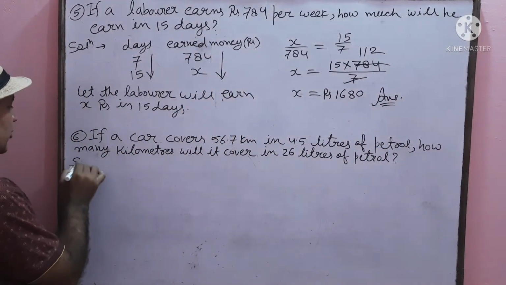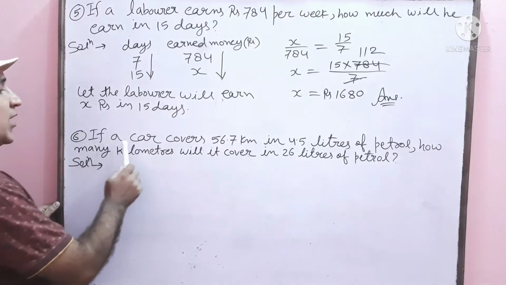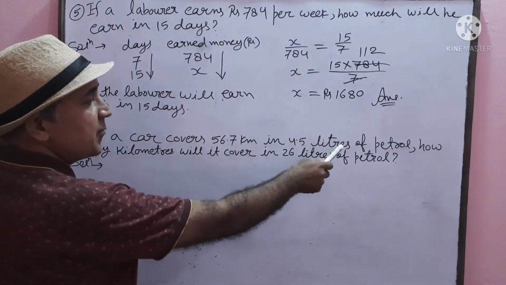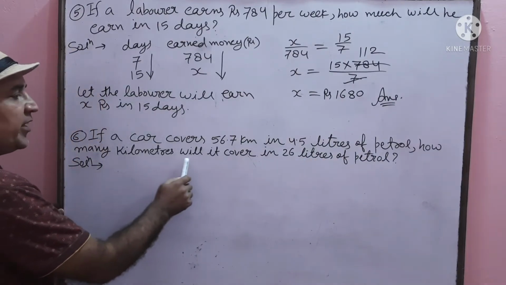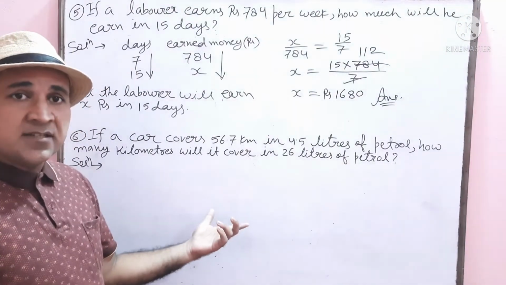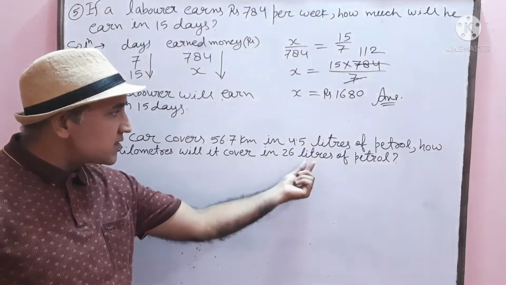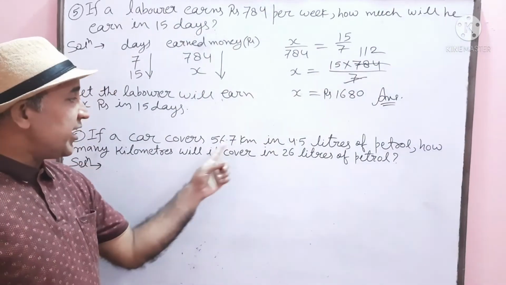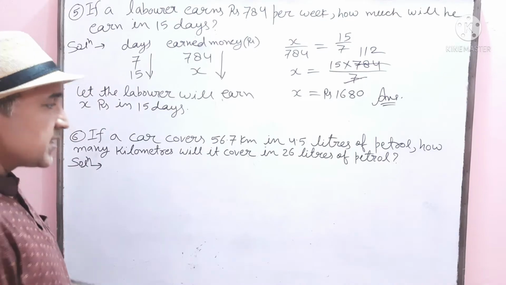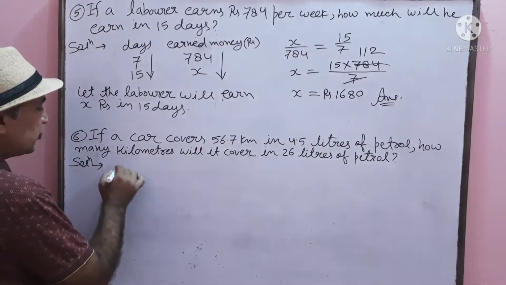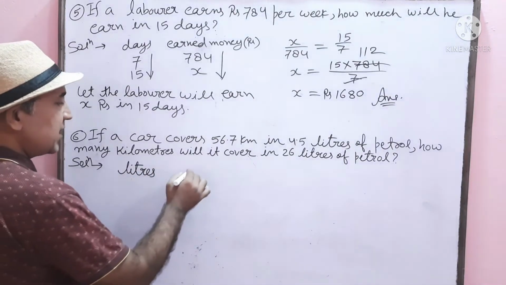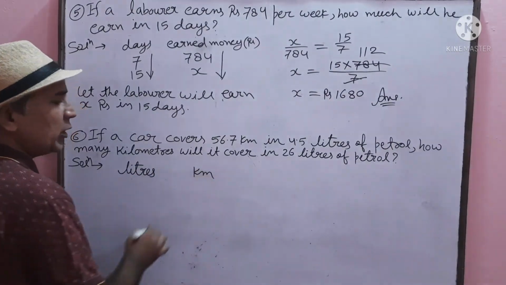Okay. Now see question number 6. If a car covers 56.7 km in 4.5 liters of petrol, how many kilometers will it cover in 26 liters of petrol? Children, it's very easy. If we increase the amount of petrol, definitely the distance covered will also increase. Okay, see how to solve. There are two terms. One is the liters of petrol and second is the distance in kilometers.